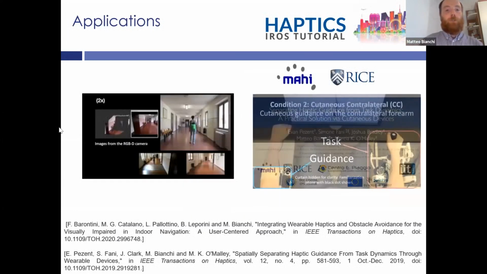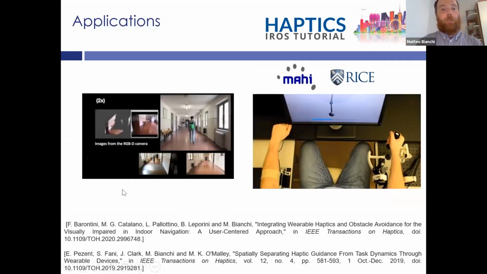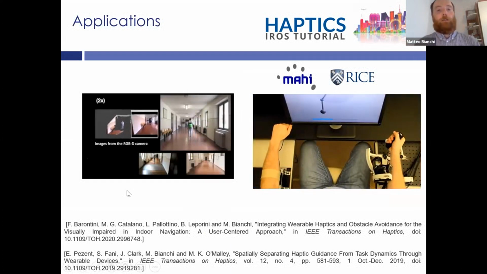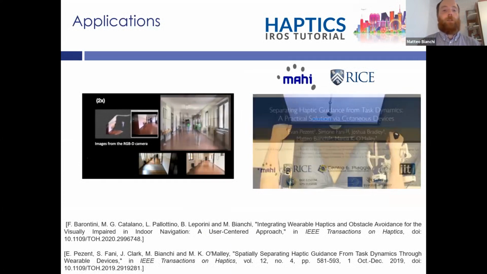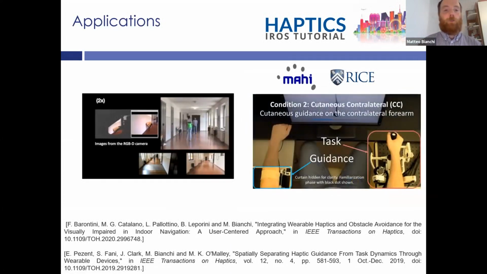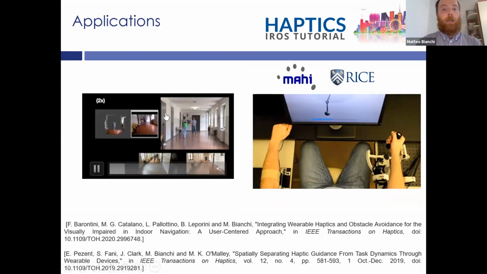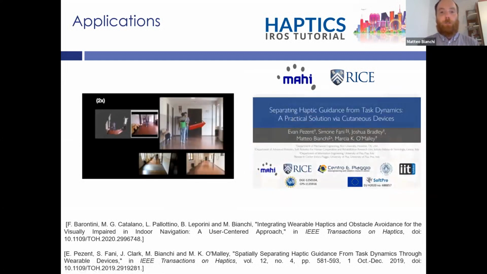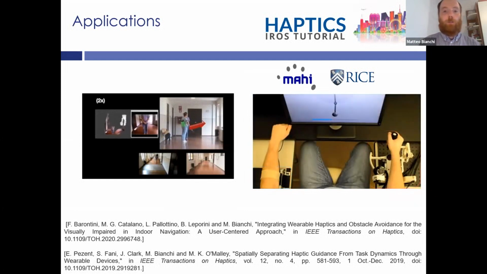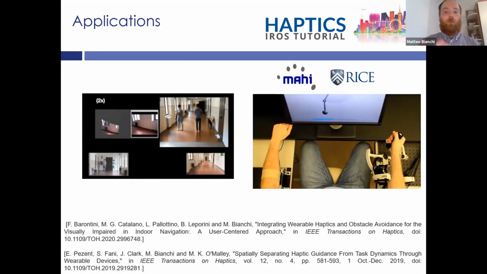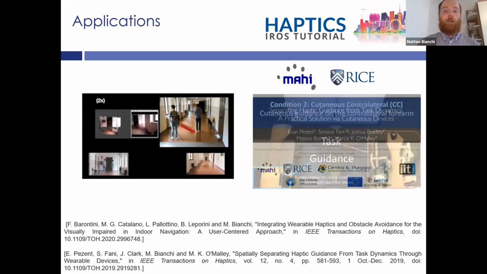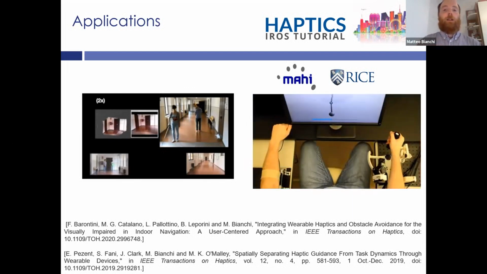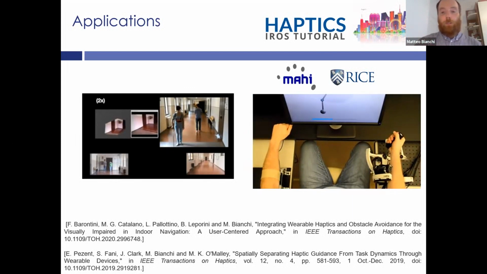Some applications here: this is an application for the assistance of blind people during autonomous walking. And in the other video, there is the result of a collaboration with Rice University and Dr. O'Malley about the usage of this system to spatially separate the haptic guidance from task dynamics during training or rehabilitation.